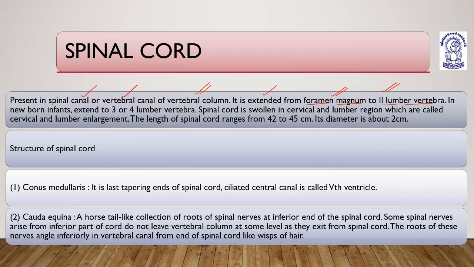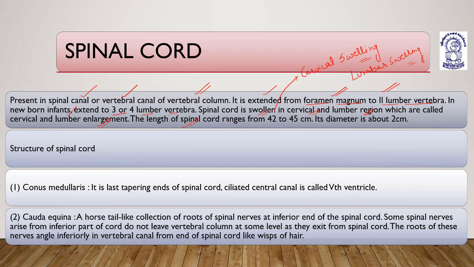In newborn infants, it extends to the third or fourth lumbar vertebra. The spinal cord has a swollen part in the cervical region, the cervical swelling, and in the lumbar region, the lumbar swelling, which are called cervical and lumbar enlargement.